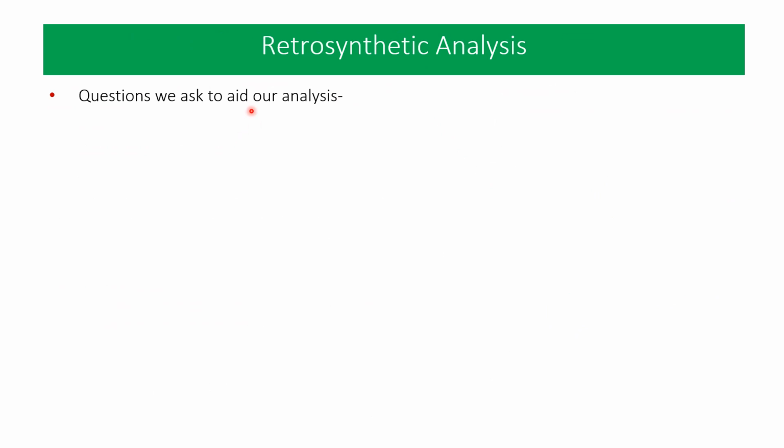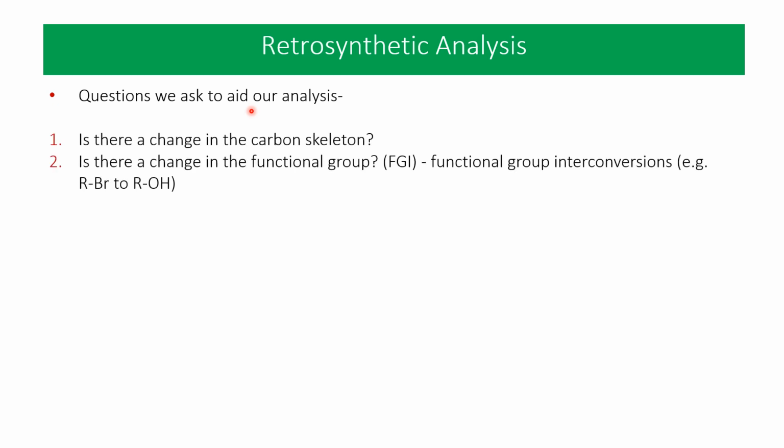In retrosynthetic analysis, we could ask quite a few questions to aid us. For example, is there a change in the carbon skeleton? Is there a change in functional group? This is functional group interconversion.